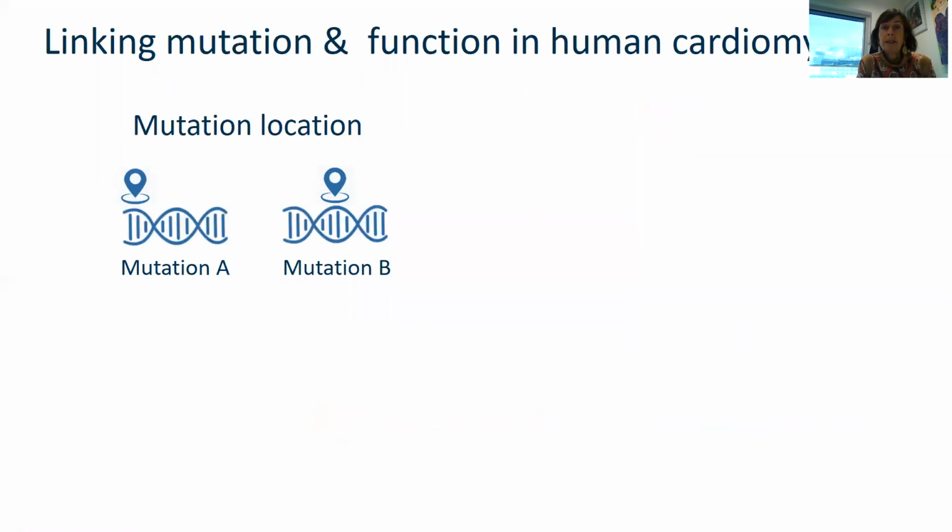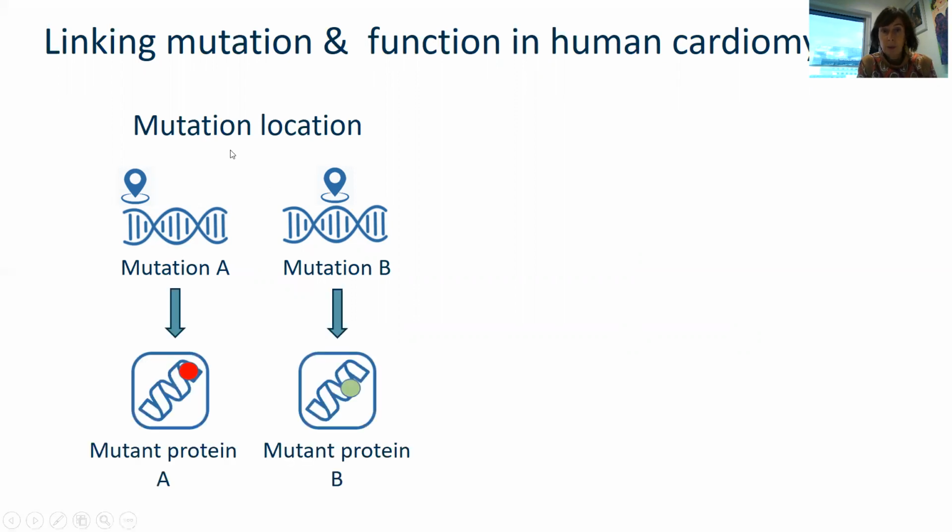Now, what we've done in a study using human cardiomyocytes is try to figure out if the location of a specific mutation can explain the change in calcium sensitivity, or if the dose of the mutation is of any relevance.